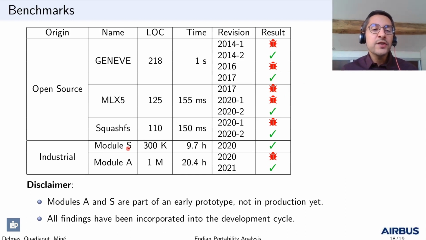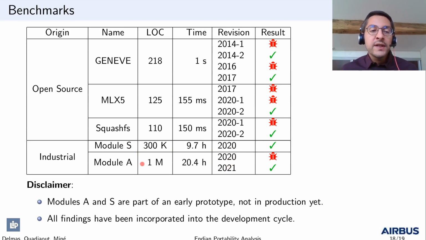We also analyzed two large components of an avionics application developed at Airbus. This application is designed to run on an embedded big Endian processor. Nonetheless, these two components are designed to be portable to Little Endian, as they are to be reused as part of a simulator, which runs on an Intel processor. We analyzed these large code bases quite precisely with no false alarms related to Endian portability.